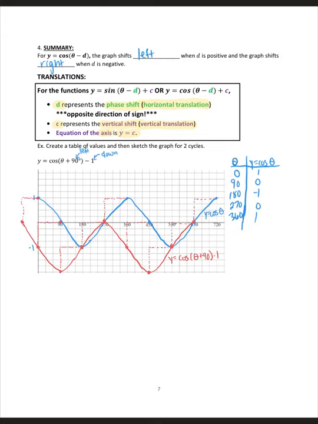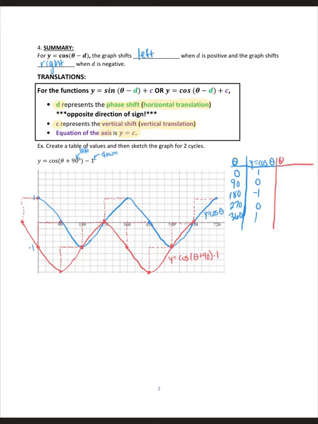I also just want to discuss what that's going to look like in a table of values. So when we start doing transformations, you have options on how you're going to actually do it. For our x values, which are our thetas in this case, we have to look at what we did. From my first point here, my theta value was 0, and I moved it left 90.